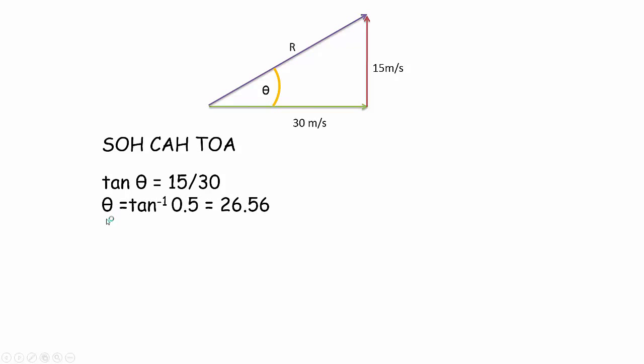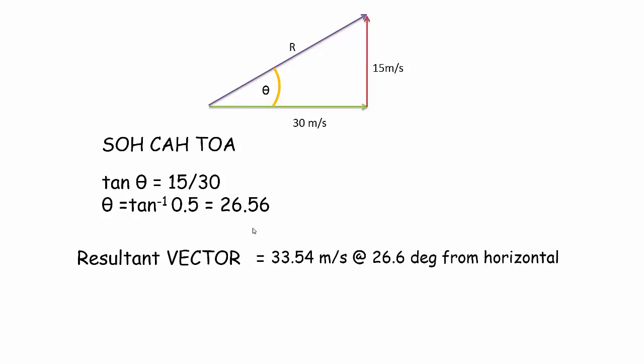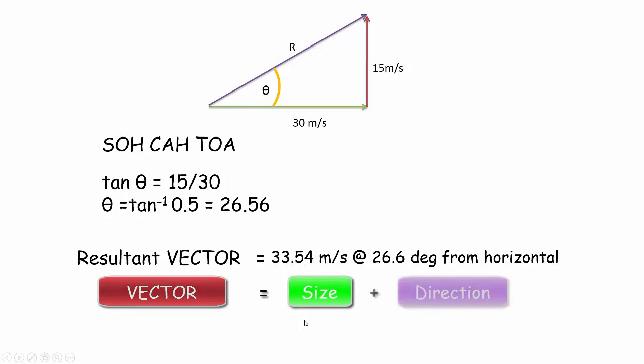So the angle equals inverse tan of this fraction, which, 15 over 30, was 0.5, which gives us an angle of 26.56 degrees. So our resultant vector is 33.54 meters per second at 26.6 degrees from the horizontal. This is a vector because it has a size, a magnitude, and a direction.